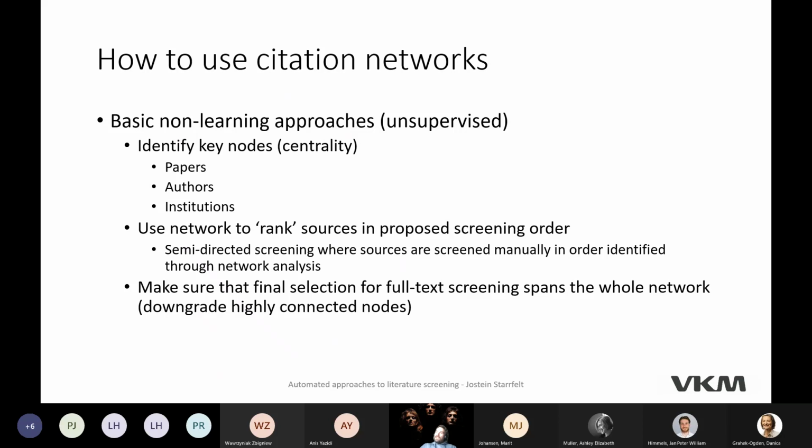So ideally, for a given question, you shouldn't just find the papers that are relevant, but there is an inherent bias in the scientific literature, and you could try to avoid that bias by identifying and upgrading papers that are less connected in the network. They might be less connected because they share fewer authors, and therefore they perhaps have a more independent perspective, you could argue. And there are many ways in which you can use the information in the network to affect the order of the manual screening itself.